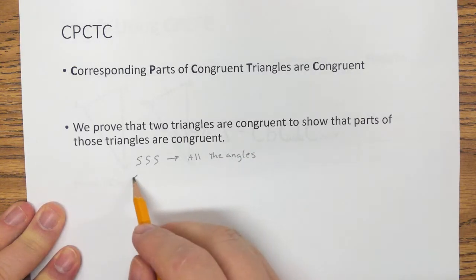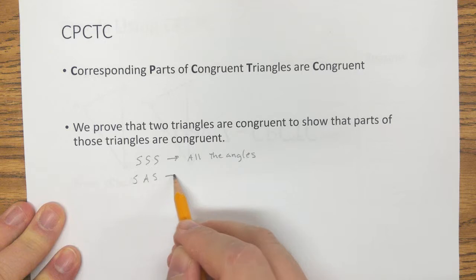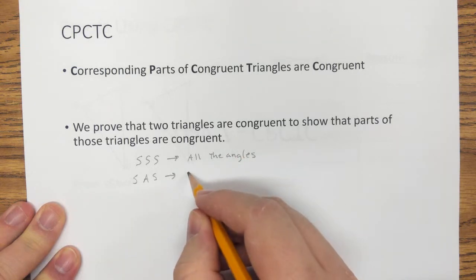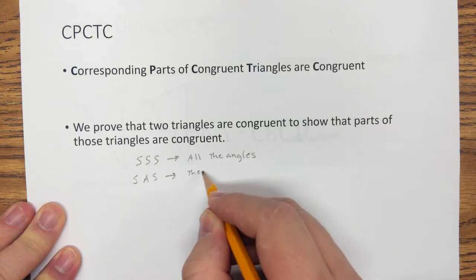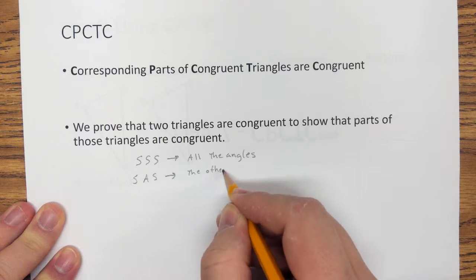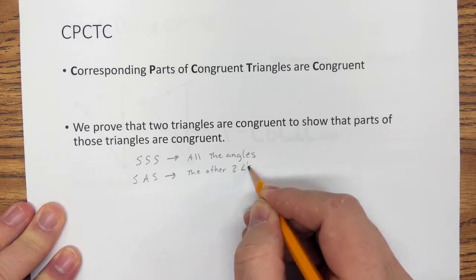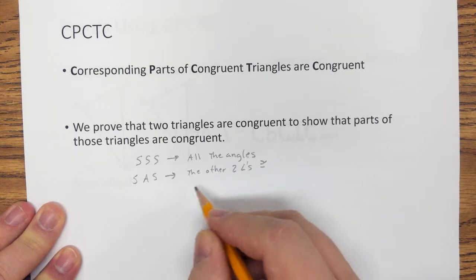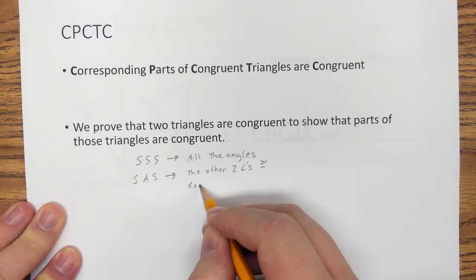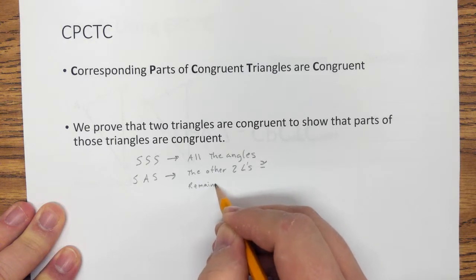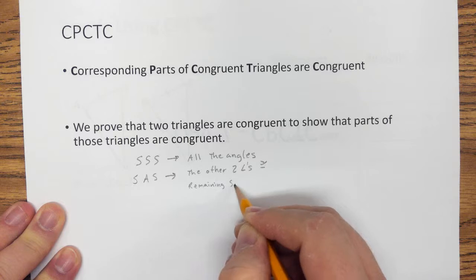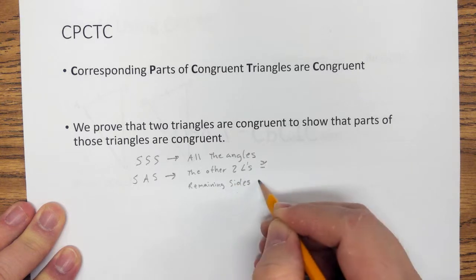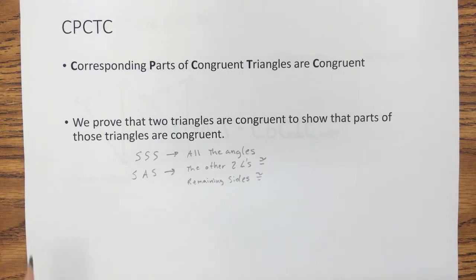If I prove a triangle by side, angle, side, then I know that the other two angles are congruent and the remaining sides are congruent, and so on and so forth.